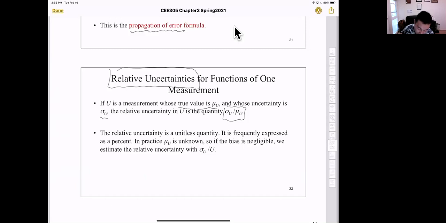So relative uncertainty is a unitless quantity, and we can use a percent to describe it. In practice, if the bias is small enough, we can calculate the relative uncertainty with sigma U over U, where U is a single measurement.